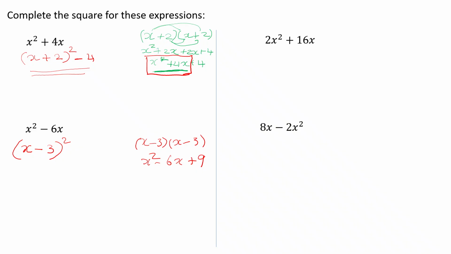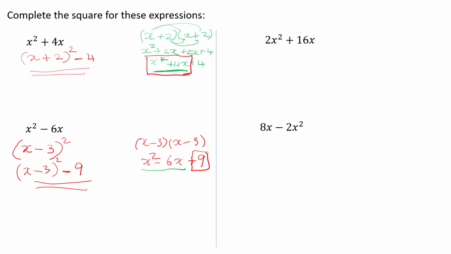I want this part only, so I'm going to take away. So x minus 3, whole thing squared. I'm going to take away 9. I don't want this part, so I'm going to take away the 9. This is the answer.